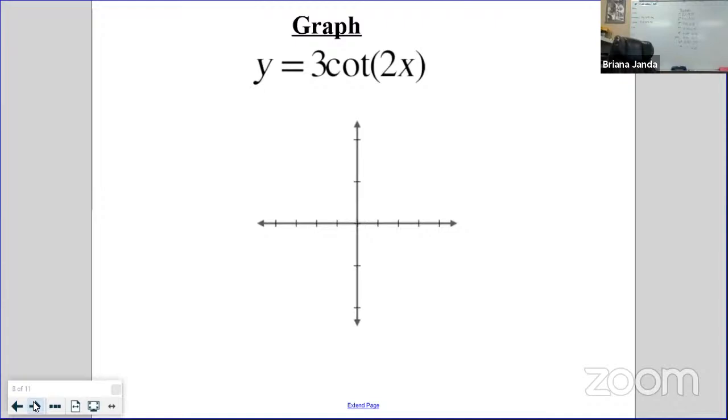Three cotangent of 2x. So our example with a cotangent, again, we start by identifying for ourselves what the denominator is. Our denominator of cotangent is sine. So we will think through this as a sine graph, dot out a sine graph to find our asymptotes.